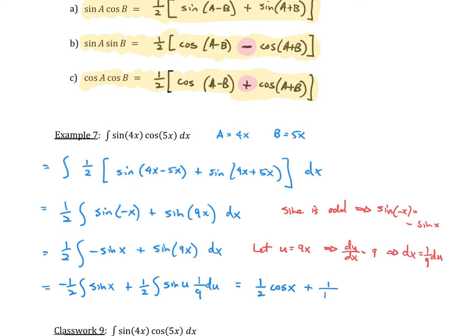So it'll be plus 1/18. The antiderivative of sine is negative cosine. So actually, I'm going to change that plus to a minus here. And then I'm going to have my cosine. And then lastly, I don't like to have a u in my answer, so I need to sub the u back. So that's going to be 9x plus C, of course.